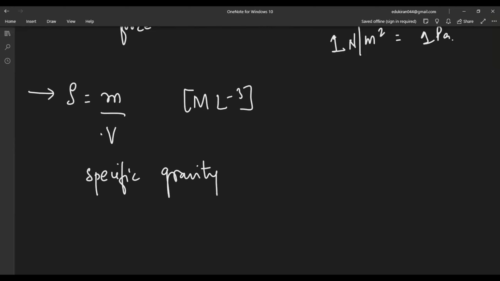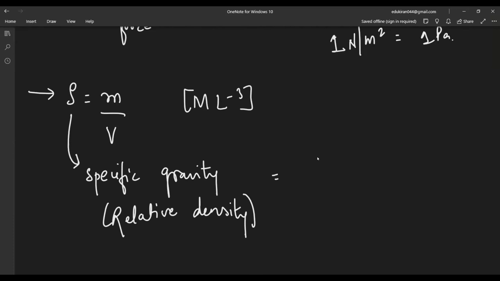Specific gravity is also density, but this is the relative density. Whenever we are talking about a relative density, we use the term specific gravity, right? So it's the density of a substance by density of water. The questions from this topic are also very basic, very easy to be discussed.